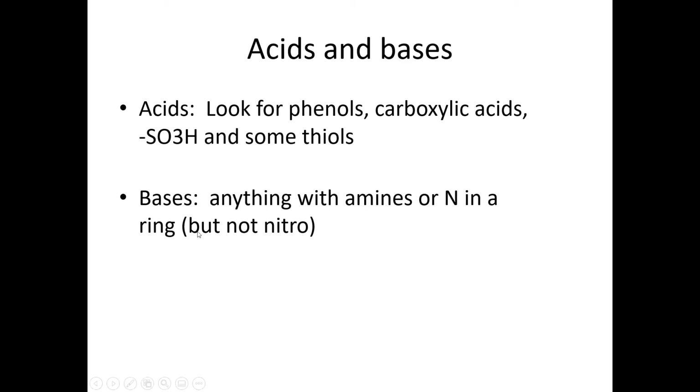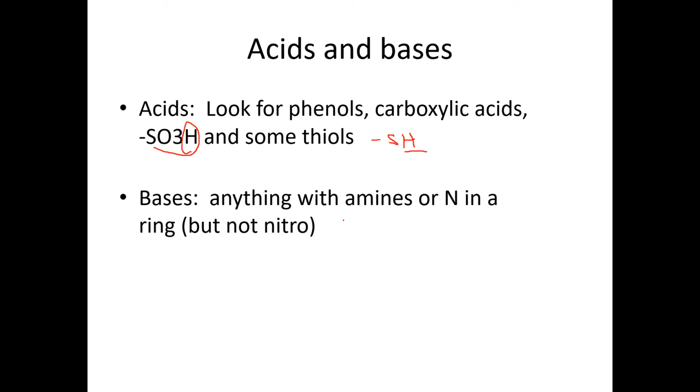So this SO3H, that's an acid-base functional group, it can lose that hydrogen. And some thiols, a thiol is an SH group. And not all of them are great acids, but especially if this thiol group is attached to a benzene ring or something, then this hydrogen can leave and give you the negatively charged sulfur, and the chemical will act as an acid.